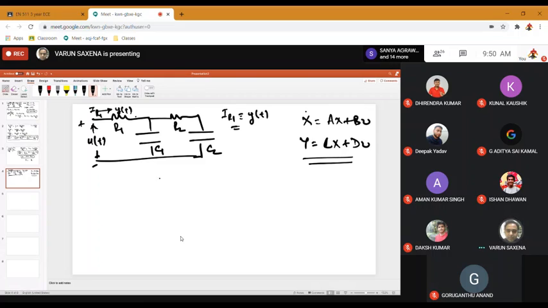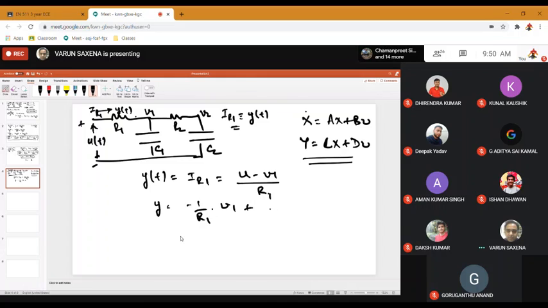What is Y(t)? Y(t) is nothing but the current which is flowing through R1. What is the voltage on this side? It is V1. What is the voltage here? It is V2. What is this current? This current is nothing but U minus V1 by R1. So y is minus 1 upon R1 times V1 plus 1 upon R1 times U. So how do you write this in terms of the state variables?